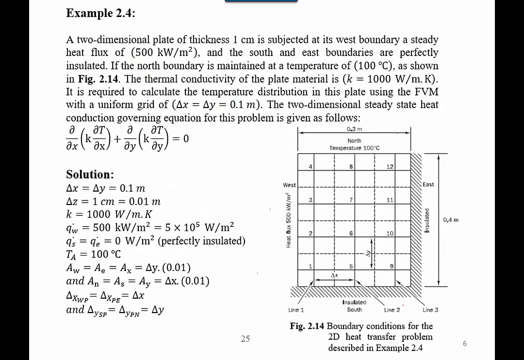For line number 2, these unknown variables T5, 6, 7 and 8 will have 4 neighboring points at the west side, which are T1 star, T2 star, T3 star, T4 star, and at the east side it will have 4 variables with the symbol star, which are T9 star, T10 star, T11 star, T12 star.